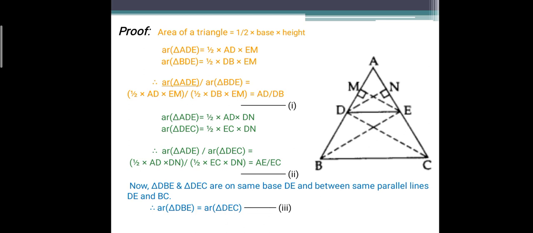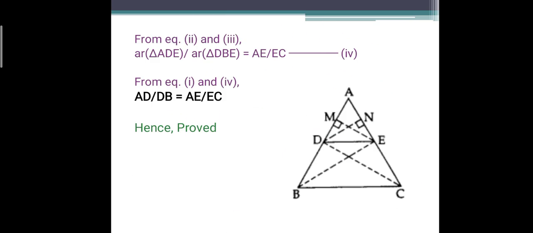Then we showed triangle BDE and triangle DEC are equal in area. From these three equations, we proved that AD upon DB equals AE upon EC. This was Thales' theorem.